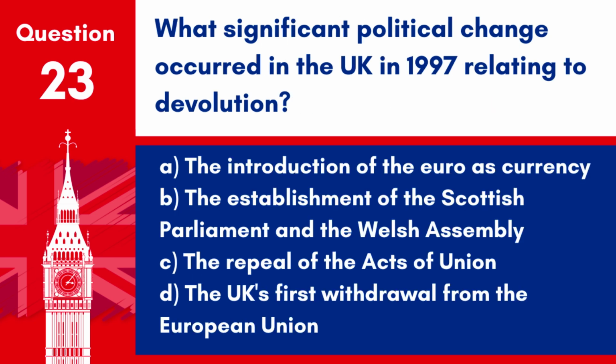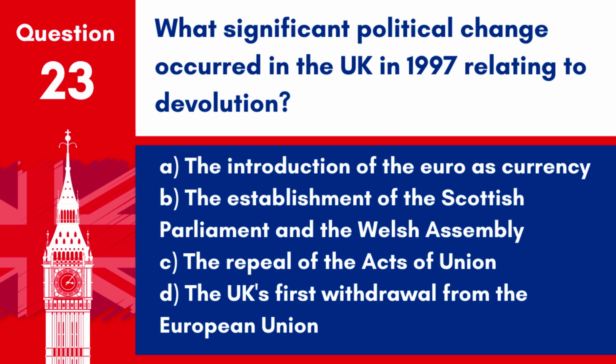Question 23. What significant political change occurred in the UK in 1997 relating to devolution? A. The introduction of the euro as currency. B. The establishment of the Scottish Parliament and the Welsh Assembly. C. The repeal of the Acts of Union.